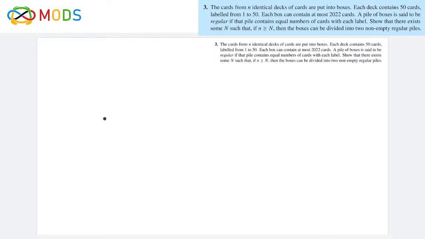So basically, you have n decks of cards, where each deck has the cards 1 to 50, right? And you distribute them into as many boxes of cards as you like. So you have a bunch of boxes. You choose the boxes, right?